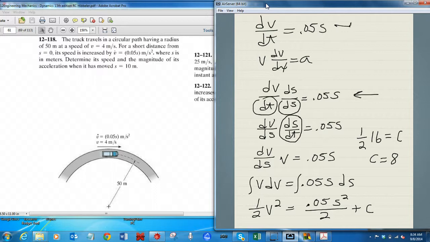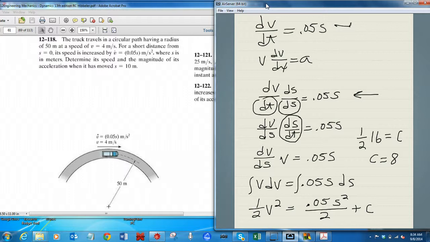Yeah. So 2.5 plus 8 is 10.5. Is that right? I'm just plugging in numbers. 10.5. It's what? Right.